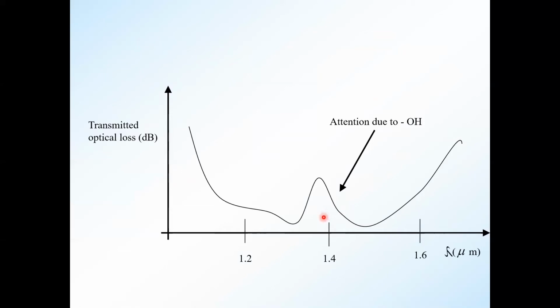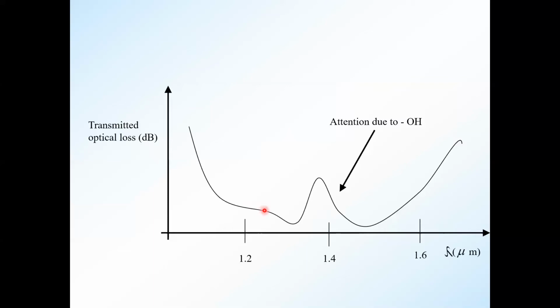So if I have to simply draw a wavelength versus optical absorption, what you find is for certain wavelengths, naturally your optical fiber has a very low absorption, but at certain wavelengths there are peaks of absorption, meaning I cannot actually use this wavelength for my communication. So why do I want to show you this?